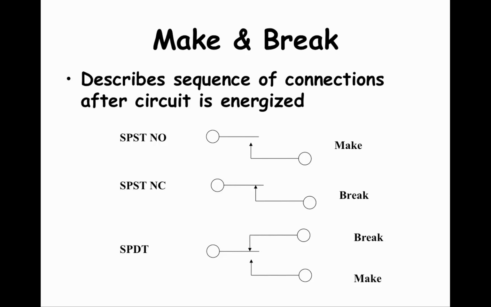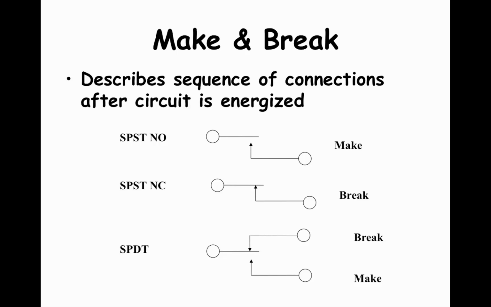When the relay is energized, the relay will close or make the circuit. The middle little sketch shows a single-pole, single-throw, normally closed circuit. The normally closed characteristic means that when the relay is de-energized, the circuit is closed. When the relay is energized, the relay will open or break the circuit.